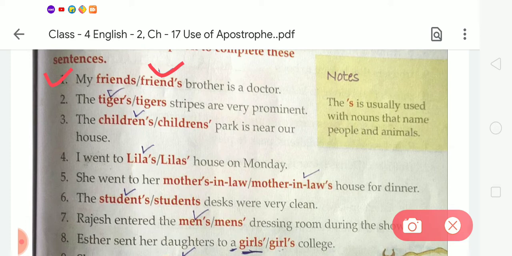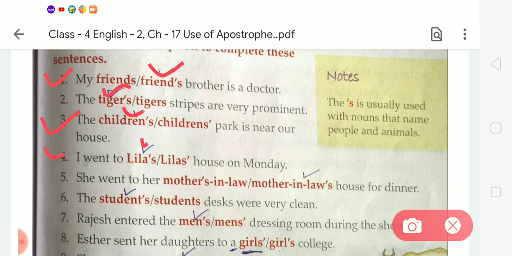Here the tigers' is correct. Next, number three: the children's park is near our house. We have to take the correct one. Next, I went to Leela's house on Mondays. I went to Leela's house on Monday.